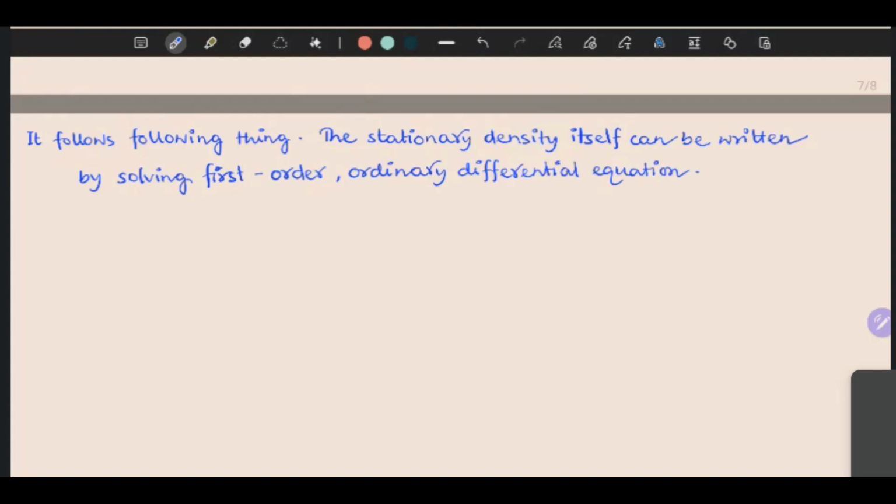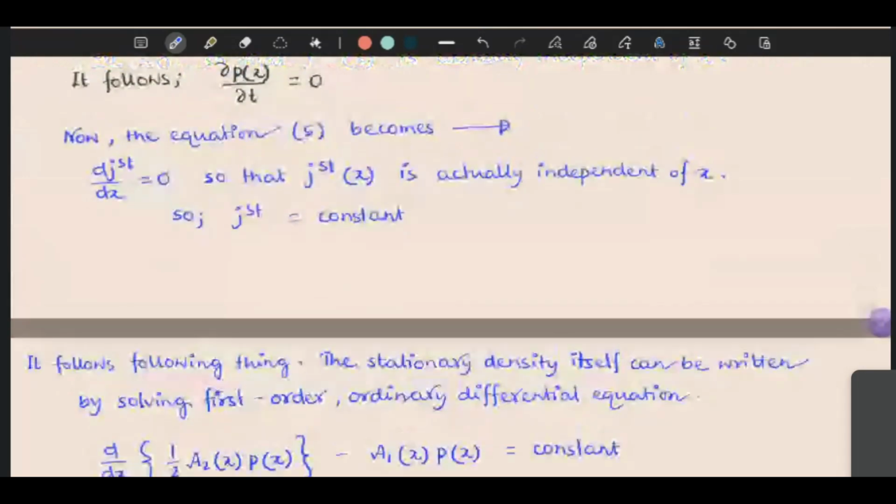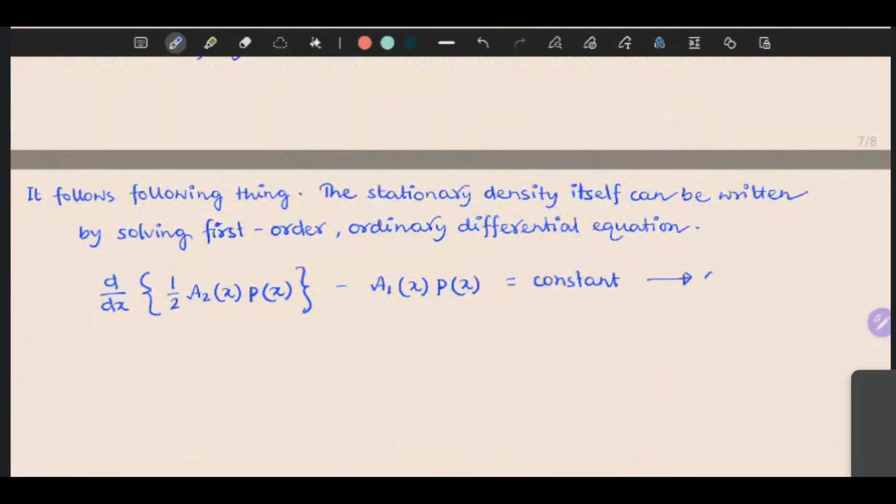Okay, so that's that. Now that means it becomes d/dx of half a2 of x p of x minus a1 of x p of x is equal to constant. Okay, then it becomes equation 10.